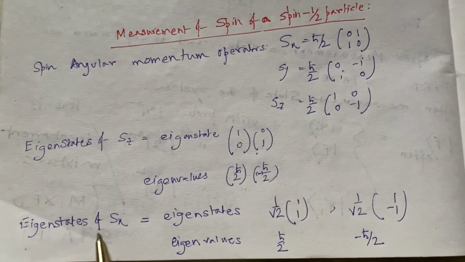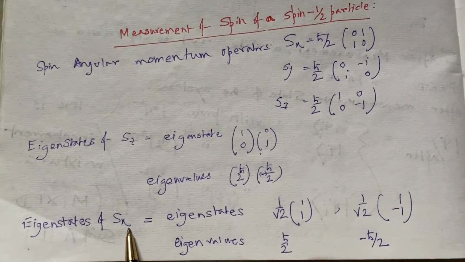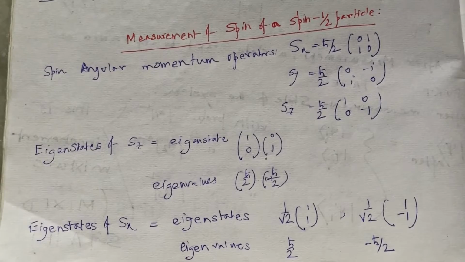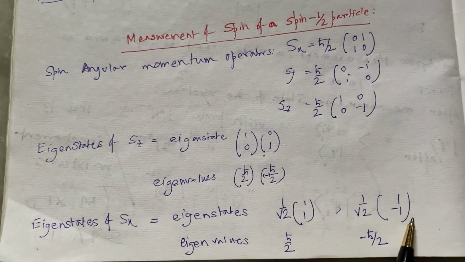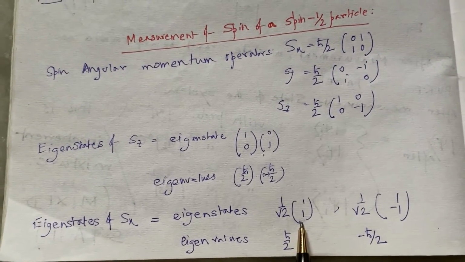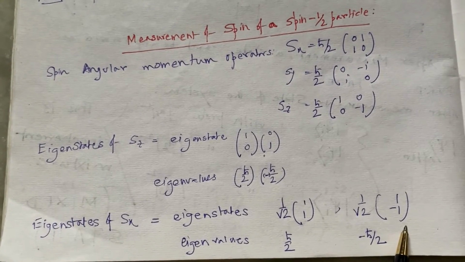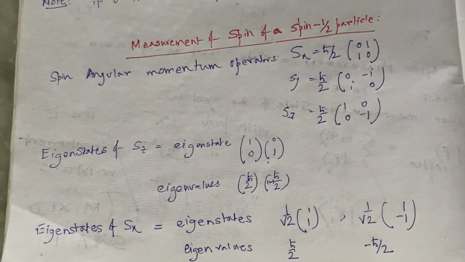And the eigenstates of the spin matrix along the x direction, Sx, are like this. This is again for the upward direction, this is again for the downward direction, and these are the corresponding eigenvalues.